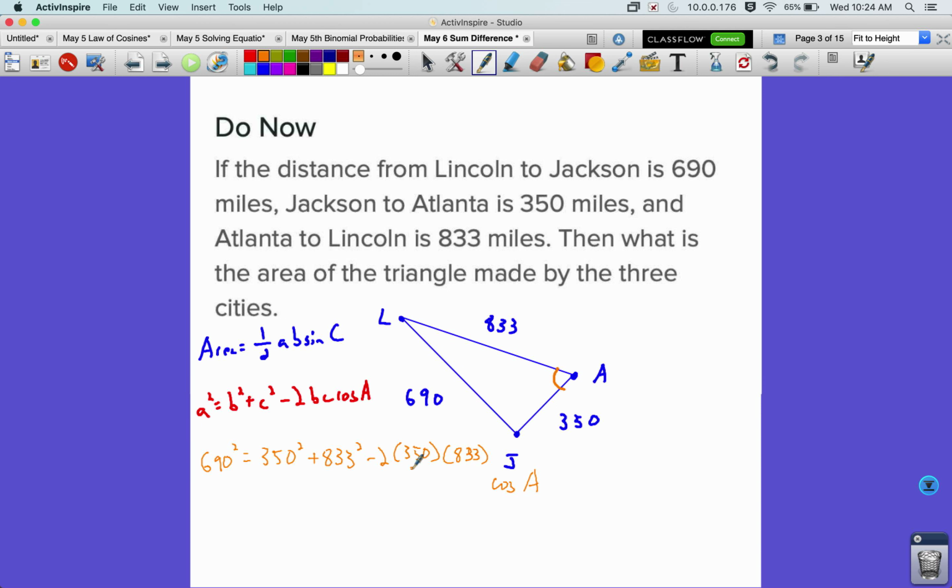All right, let's get the calculator out and combine some of these numbers. So I'm just going to do this out loud. So 690 squared.